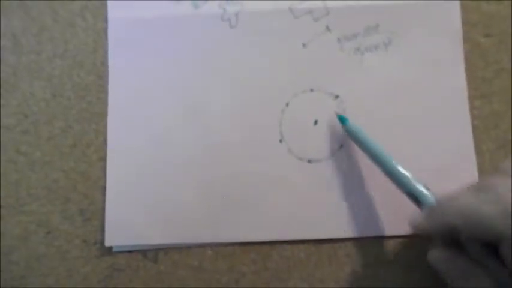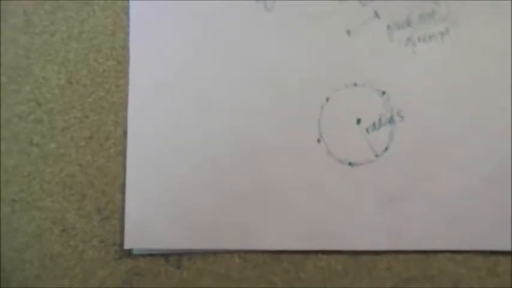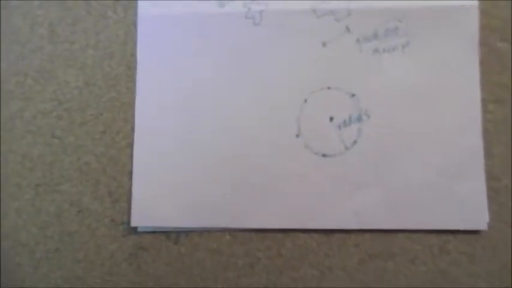The set of points that are a given distance from a given point. So we thought we knew what circles were. We knew what shape they looked like, but we have a formal definition now. This is the center of the circle. The distance that we chose is what we call a radius. It has to go from the center to a point on the circle.